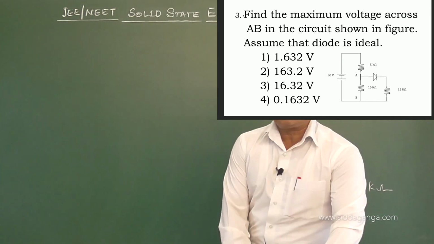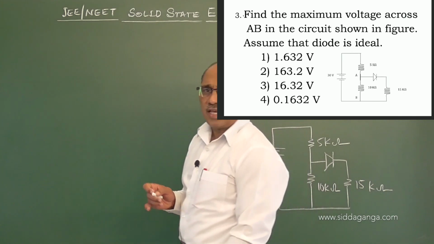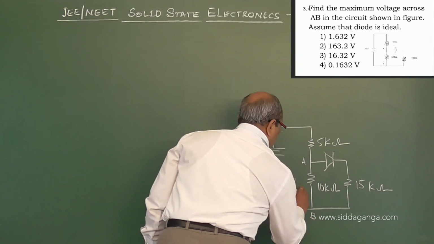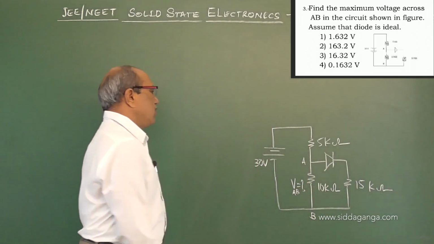So the question is, what is the potential difference across AB?